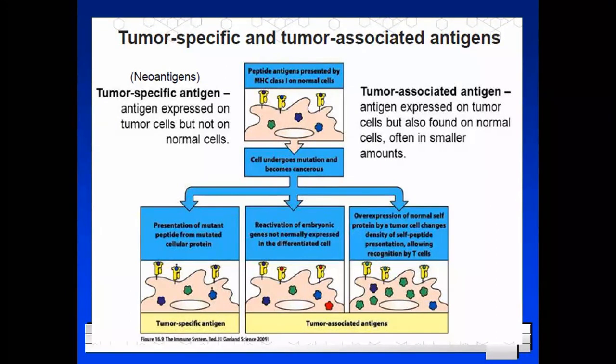Usually there is presentation of a mutant peptide from a mutated cellular protein, as we mentioned, and they are called tumor specific antigens. The tumor associated antigens are of two types: either reactivation of embryonic genes, so normal embryonic genes are reactivated in adulthood, or overexpression of normal self-protein by tumor cells. So these are normal cell peptides, such as hormones, as we said.